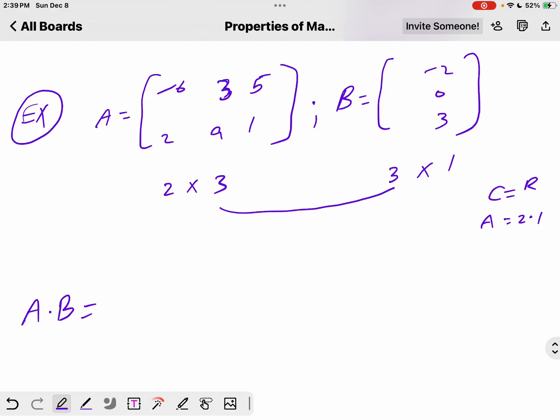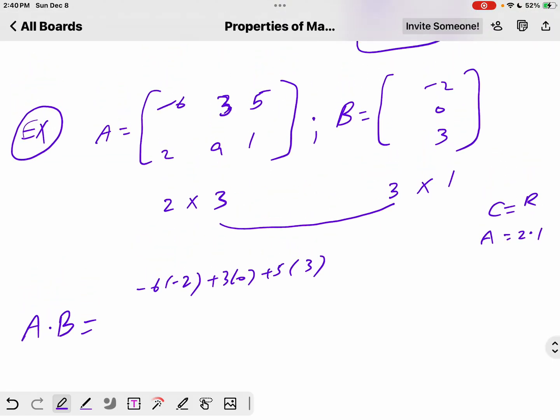Okay, let's try it. So here is going to be 2 rows and 1 column. The first one is -6 times -2 plus 3 times 0 plus 5 times 3.